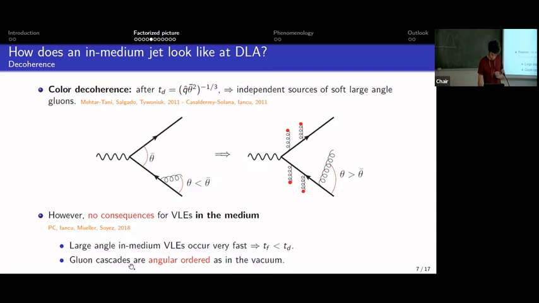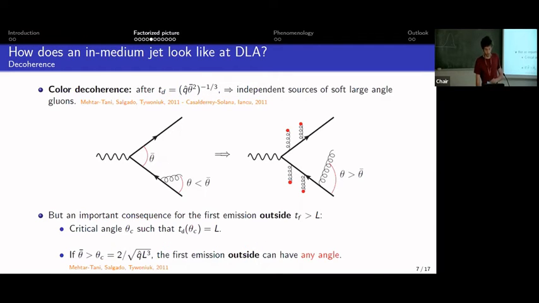This very fact implies that you shouldn't expect angular ordering breaking inside the red region. Gluon cascades should be angular ordered as in the vacuum, at least in this double logarithmic approximation. So it's very good news because it means that we can apply basically the same techniques as in the vacuum for the in-medium cascade, and maybe extend that beyond the double logarithmic approximation to increase the precision of the parton shower.